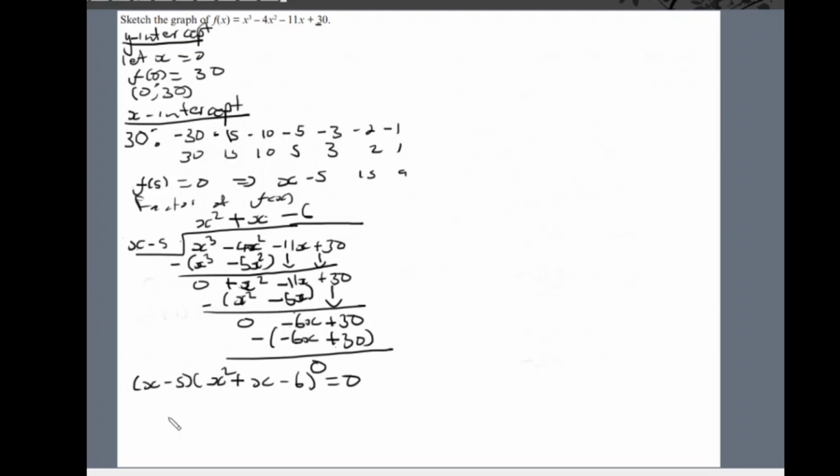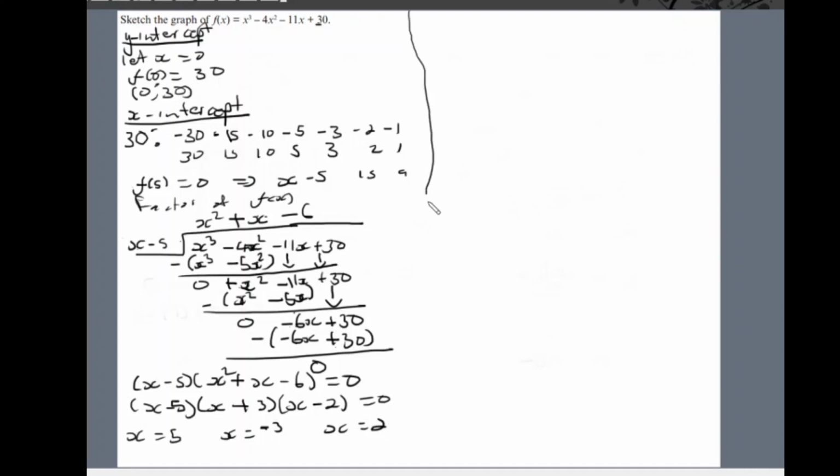Okay, and now I can factorize this second bracket by having x plus 3 and x minus 2, right? So x equals 5, x equals minus 3, and x equals 2. These are the x-intercepts, right? So now I have the x-intercepts.